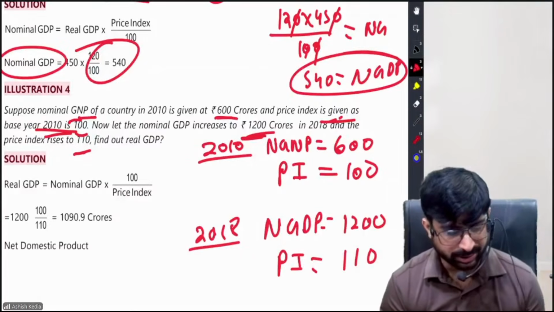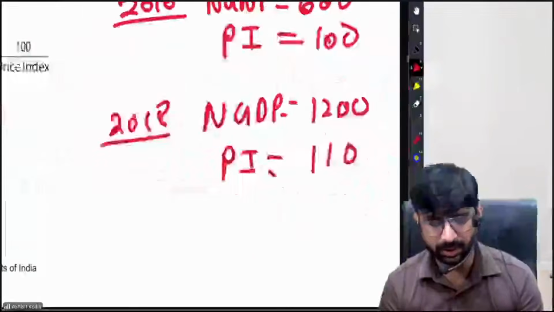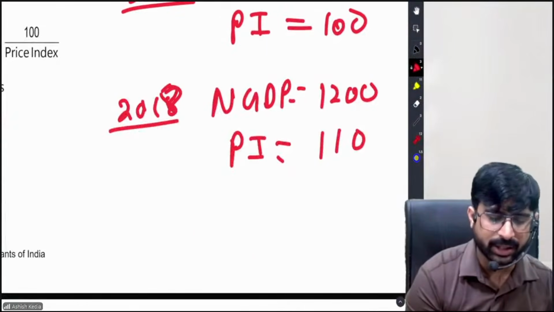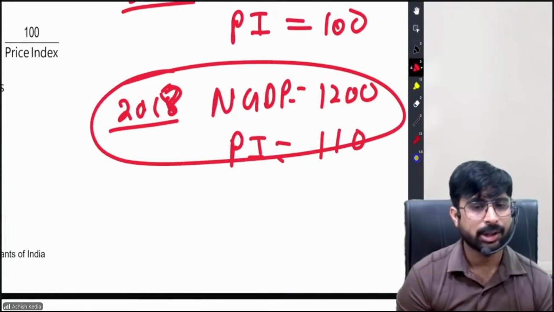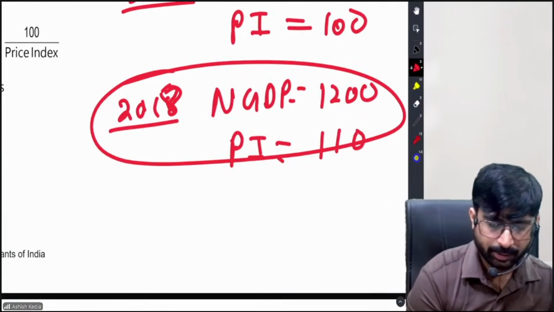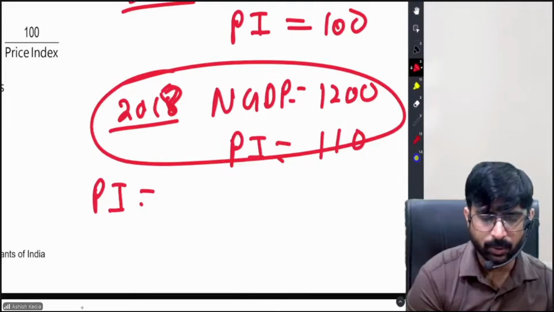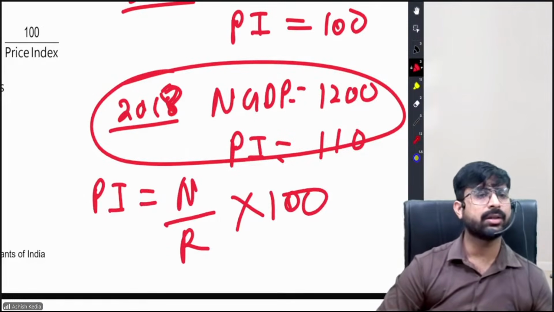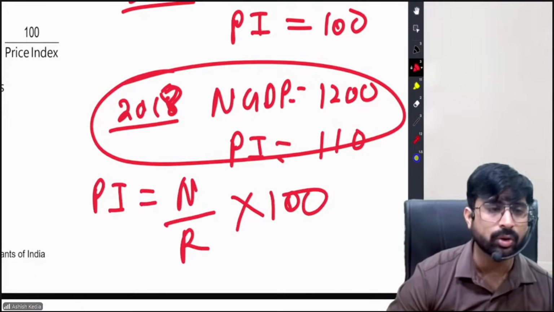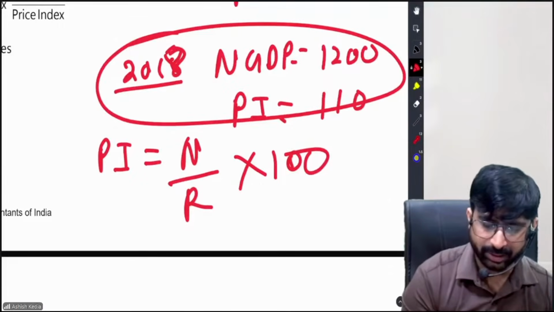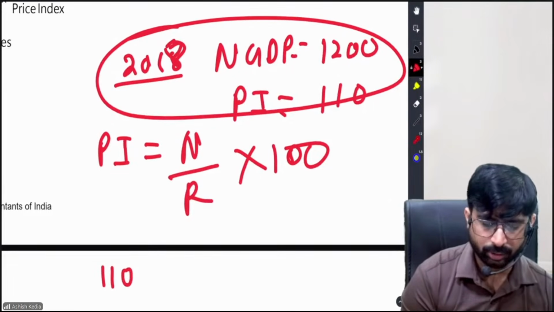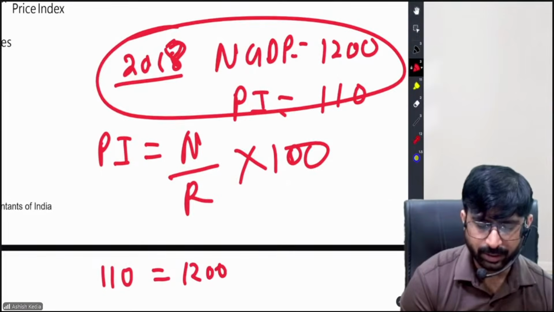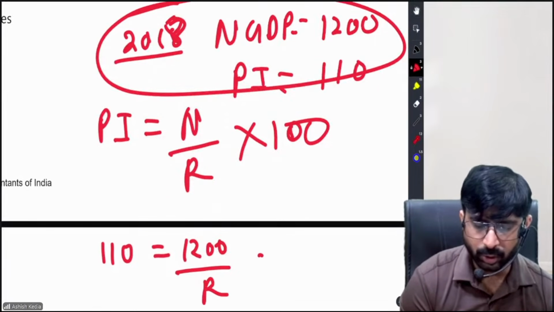So students, very simple. Here they are asking us to compute for 2018. Price index equals nominal by real into 100. Price index is 110, nominal is 1200, real we don't know, into 100.